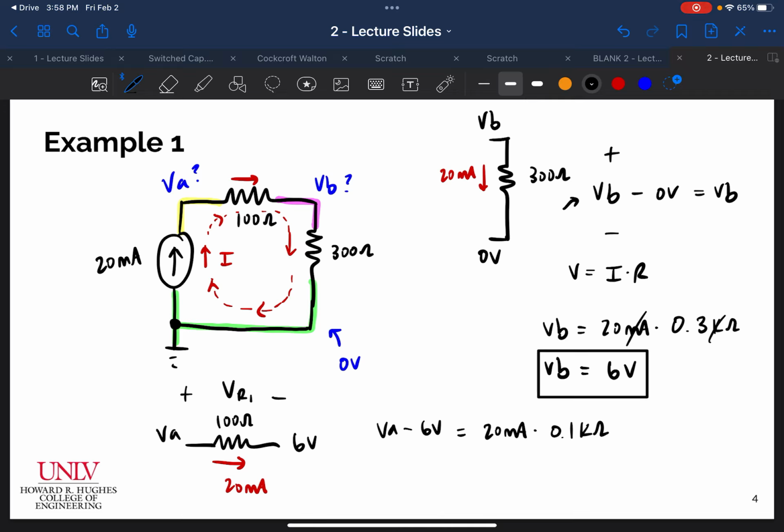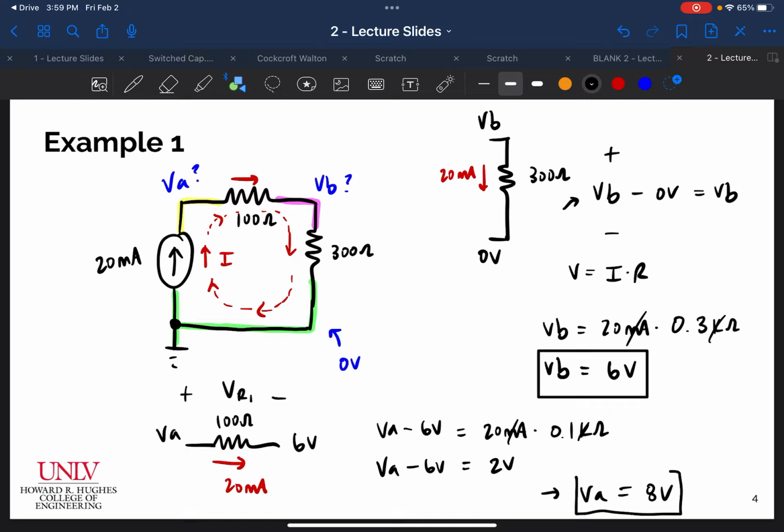And so the milli and the k cancel. I get that VA minus 6 volts is equal to 2 volts. Thus, I can add 6 volts to both sides, and I get that VA is equal to 8 volts.